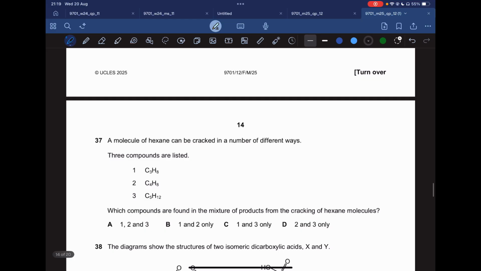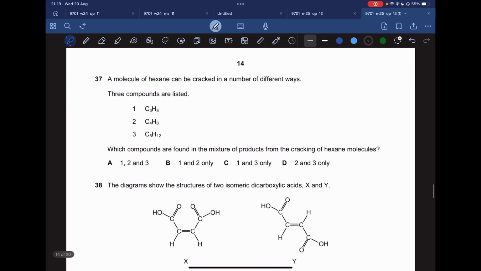Okay, they tell you a molecule of hexane can be cracked in a number of different ways. 3 compounds are listed, which can be formed from a mixture of cracking of hexane. So what you should do is figure out that hexane is C6H14, and what can be left when we have each of them. This one is C3H6, right?